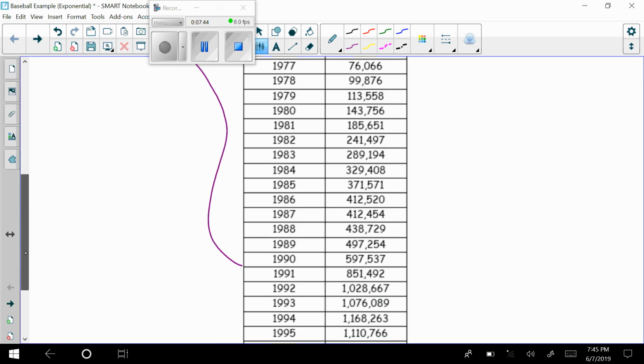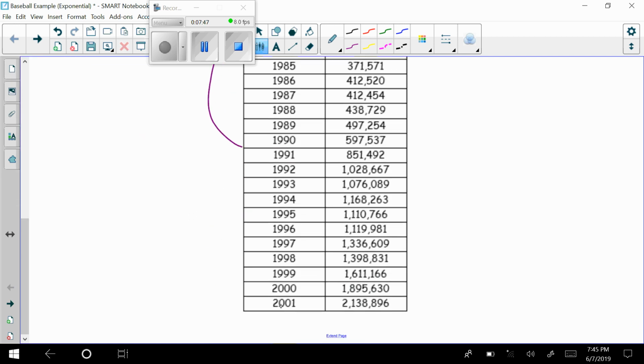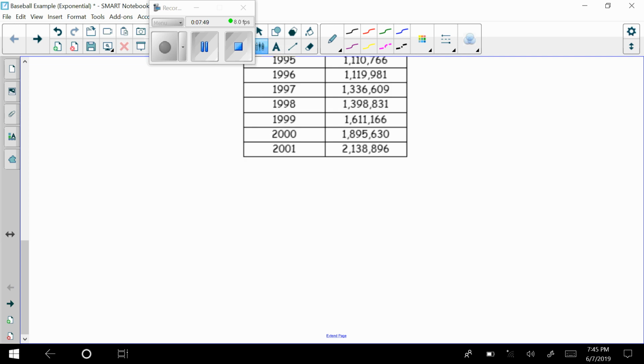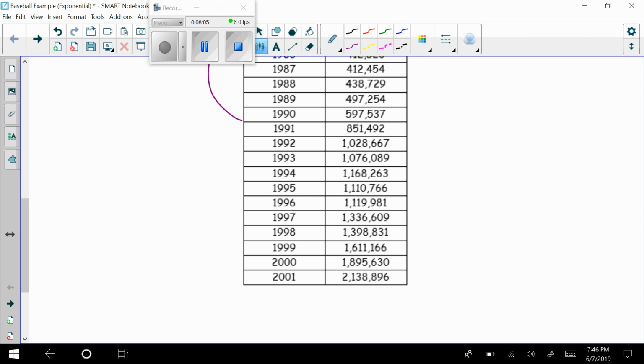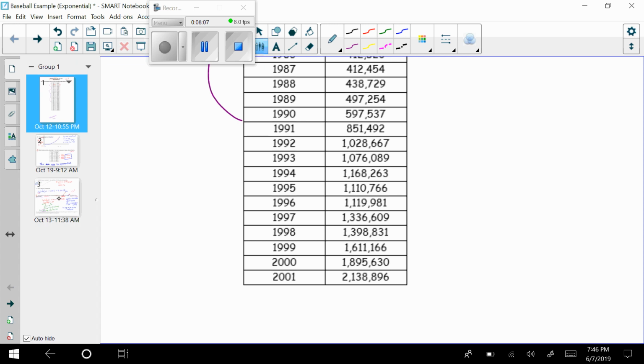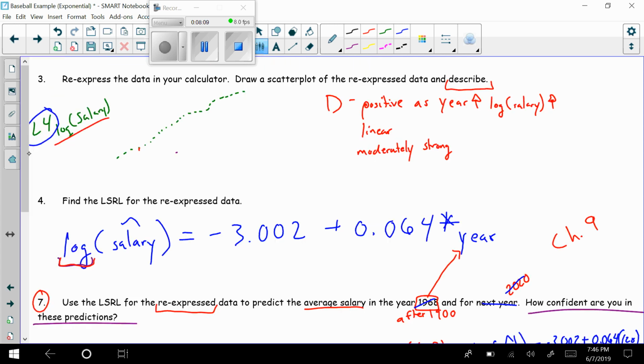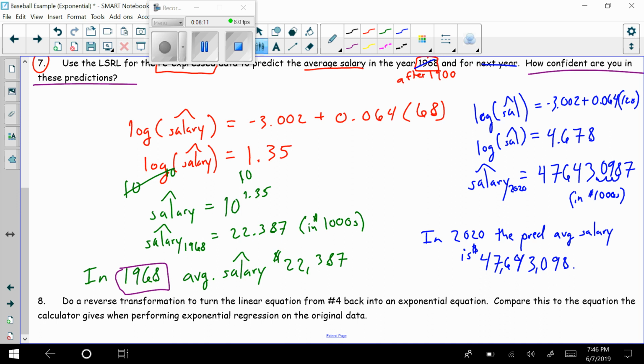But when I think about 2020, the biggest data value I have is 2001. That means 2020 is way down here. This is not inside the current data that I have. This is known as an extrapolation. We have an extrapolation here, and we have an interpolation up top. We trust when we do stuff inside. We do not trust when we extrapolate.